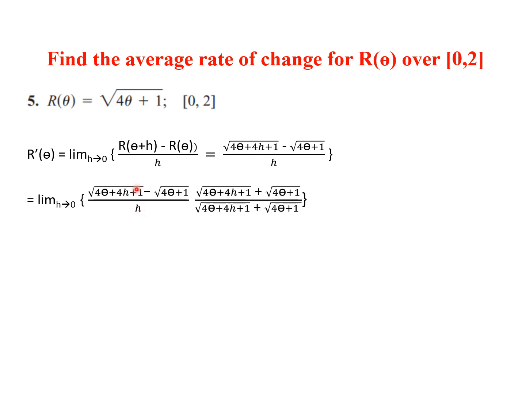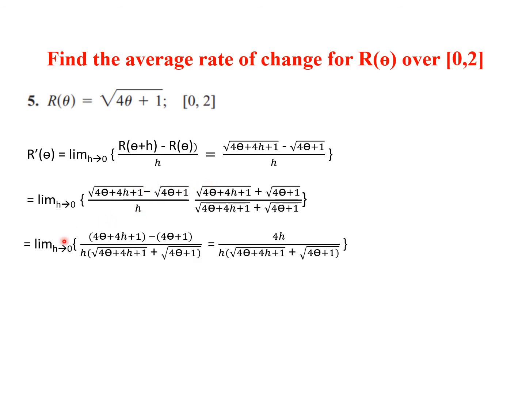If we do the math, we're going to get the limit as h goes to 0, and on the numerator, after we do the multiplication, we will have 4 theta plus 4h plus 1, and then we subtract from it 4 theta plus 1. So we can see that the 4 theta plus 1 will cancel the 4 theta plus 1, and we'll end up with 4h on the numerator.